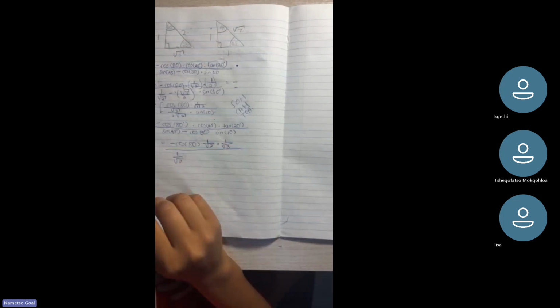All divided by sine 45. We go to the 45-degree angle. Sine is opposite over hypotenuse, so this would be 1 all over root 2, right?